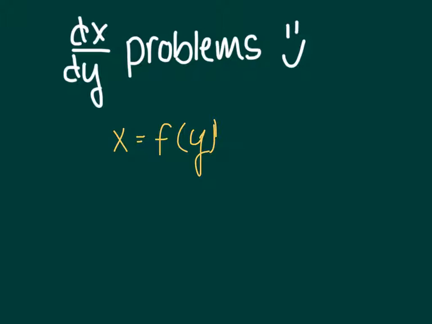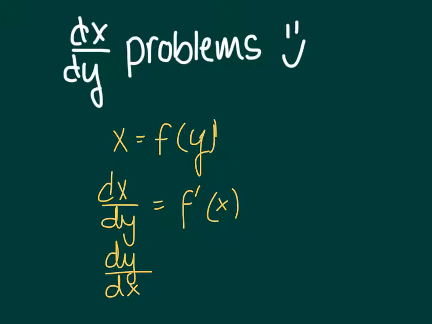So instead we just ignore all of that, don't want to rearrange, and instead we'll find dx by dy and then reciprocate. We'll just flip everything over, and that gives us dy by dx, and so that must be 1 over whatever the function is that I'm left with.